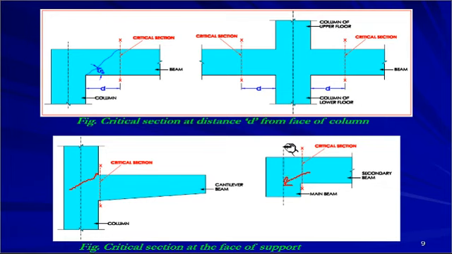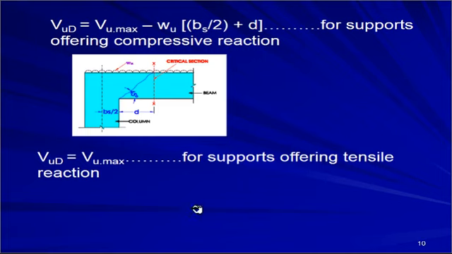So the force which gets transferred is in the lower portion of the main beam. So obviously a tension reaction gets generated in the upper portion, and hence the shear crack starts here and proceeds inside the section, and hence here also the critical section is considered at the face of the main beam. So these are the two cases for considering the critical section.